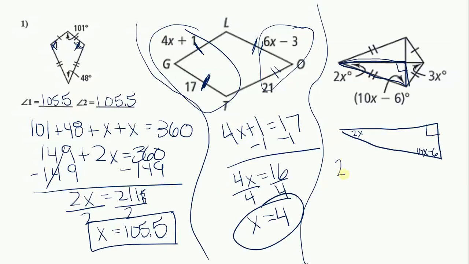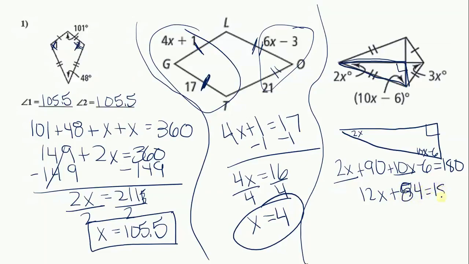So I know that 2x plus 90 plus 10x minus 6 has to equal 180 degrees. If I add stuff together, I'll get 12x plus 84 equals 180. Let's subtract 84 from both sides.